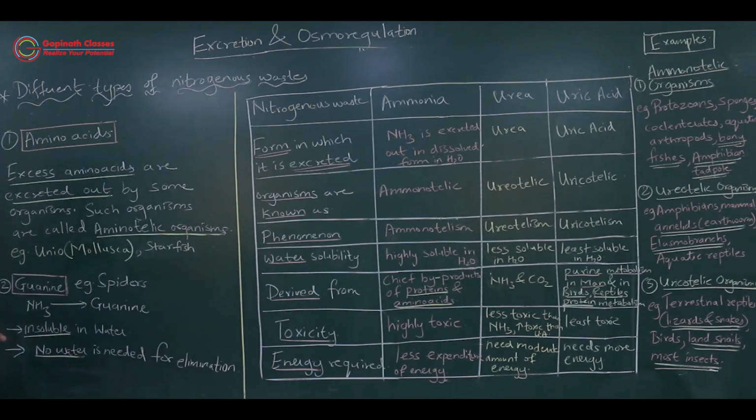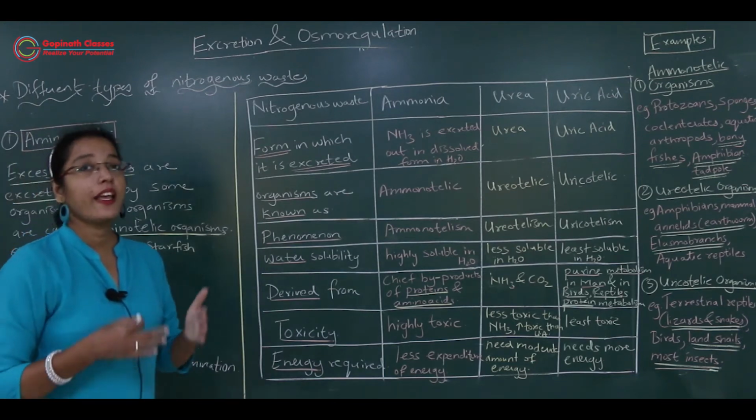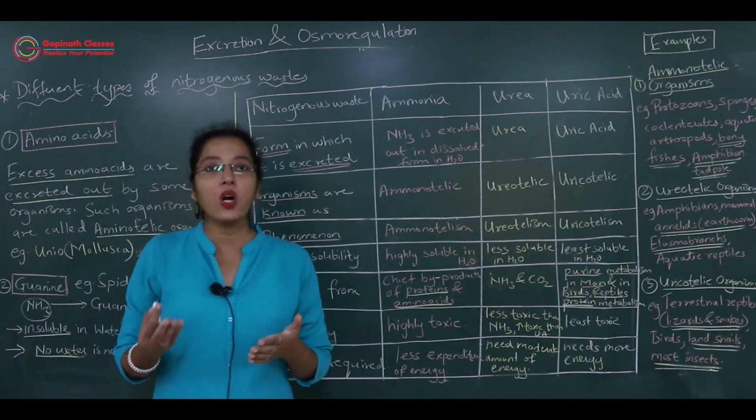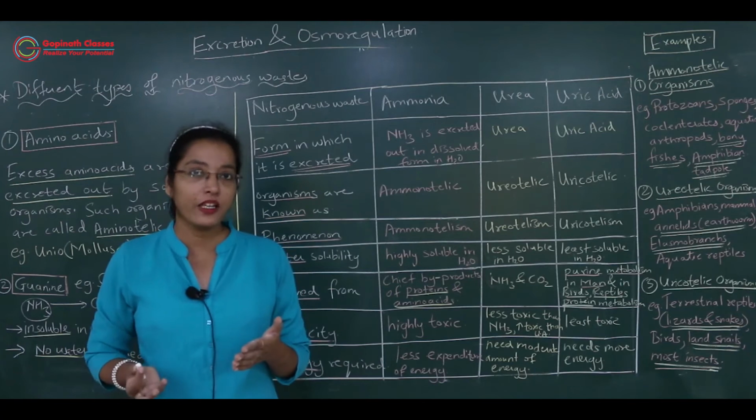So how exactly do arachnids excrete guanine? First, ammonia is formed in their body because of excess amino acids. Excess amino acids break down and the amino group is released.